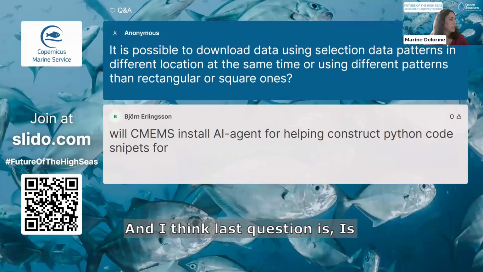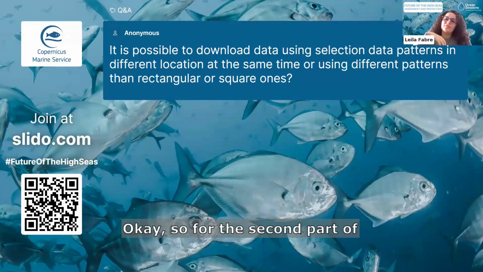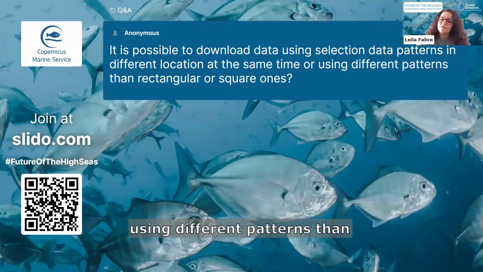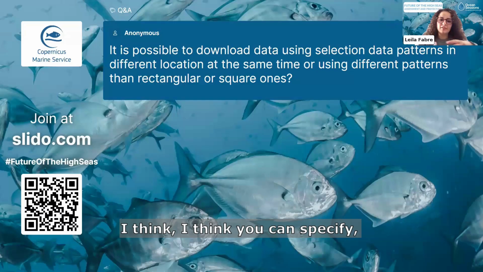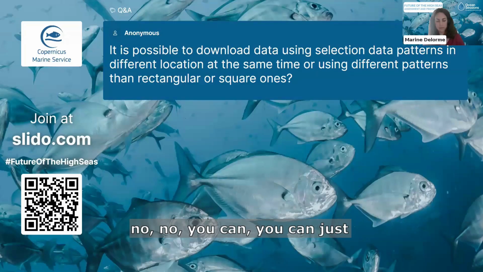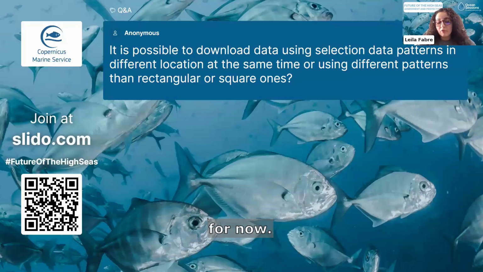And I think last question: is it possible to download data using selection data patterns in different locations at the same time, or using different patterns than rectangular or square ones? Okay, so for the second part of the question, using different patterns than rectangular or square ones, it's not possible. You can just download the data in a rectangular or square shape for now.